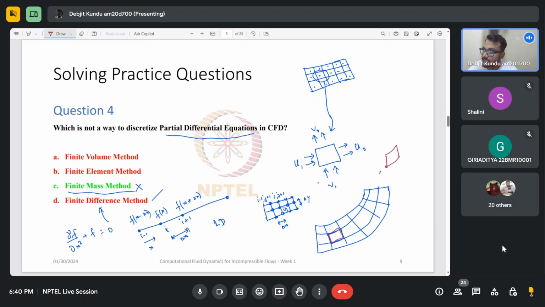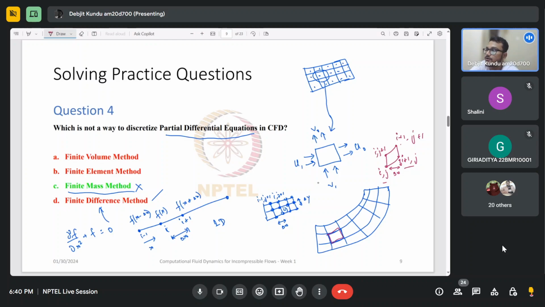Let's say this was i comma j, this was i plus 1 comma j, i plus 1, j plus 1, and i, j plus 1, right? The difference between this point and this point is not just delta x, there is a difference in the y direction as well. Similarly, that's true for all the other points. They are not regularly spaced. So that's why employing finite difference method here is difficult.